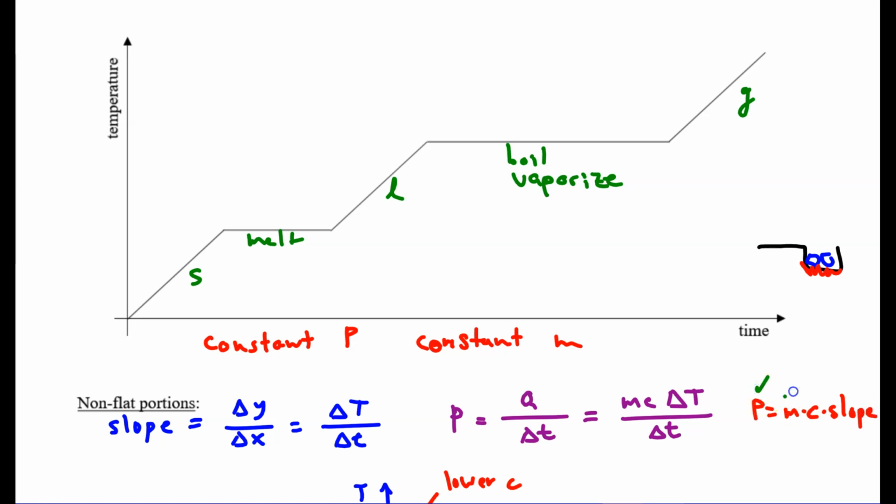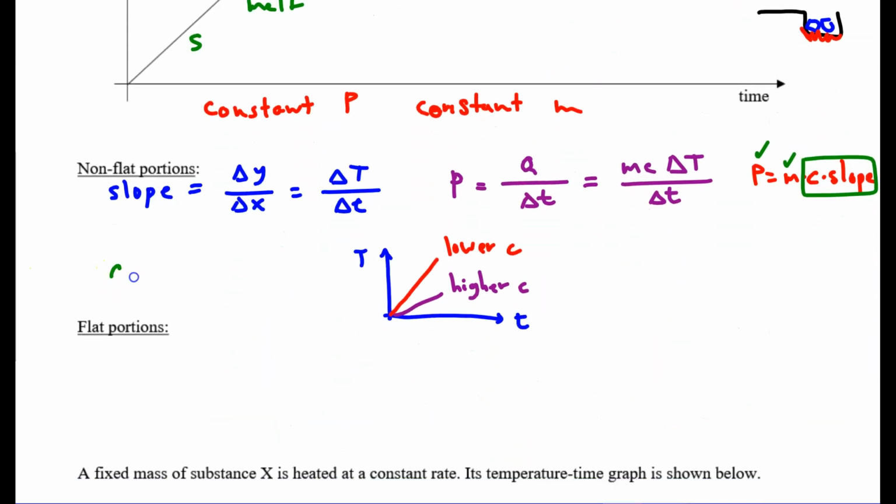But if power is constant and mass is constant, then their product is a constant. C is inversely proportional then to slope. And that's why the red line, steeper, means less specific heat. That makes sense intuitively. Because specific heat is the heat energy needed to raise 1 kilogram by 1 Kelvin, or 1 degree Celsius.